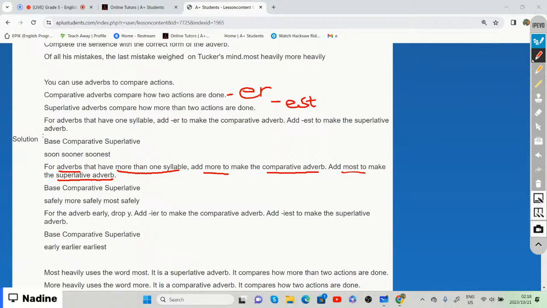An example also of adverbs that have more than one syllable is safely. Safely has two syllables, right? So our word safely is our base word.